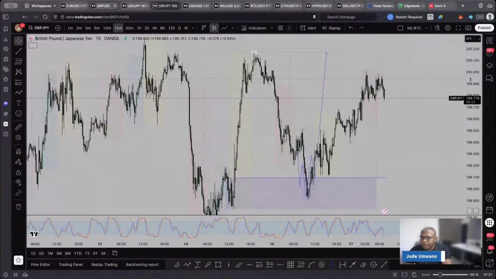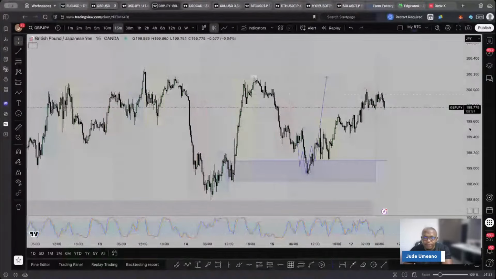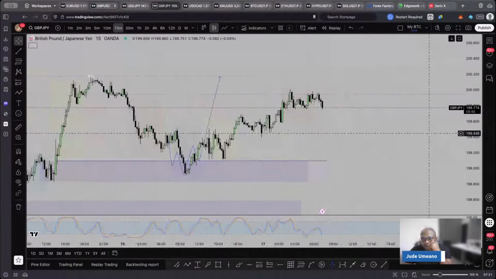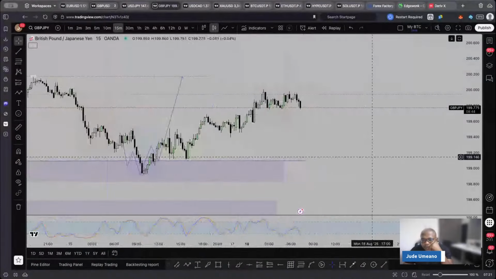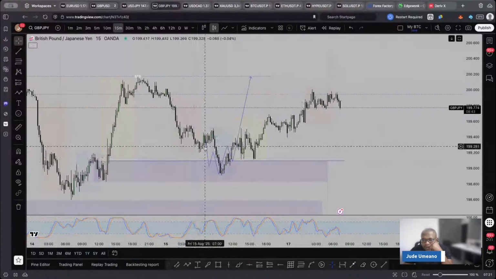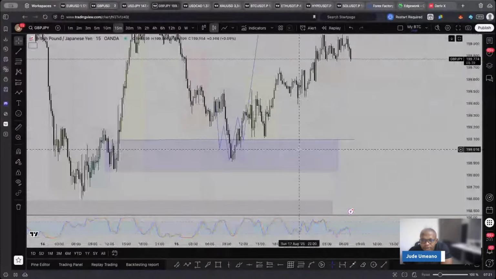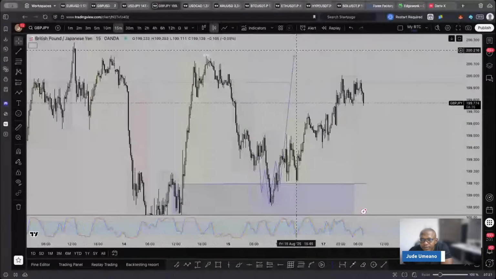So this is actually the plan we had for GBP JPY last week. This happened on Friday. I didn't take this trade, and it didn't give us a perfect confirmation entry, because this is the demand zone we wanted to trade out of. We have liquidity here and we saw a tap into that zone.